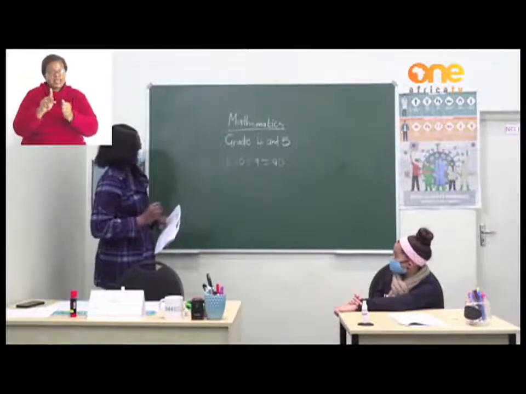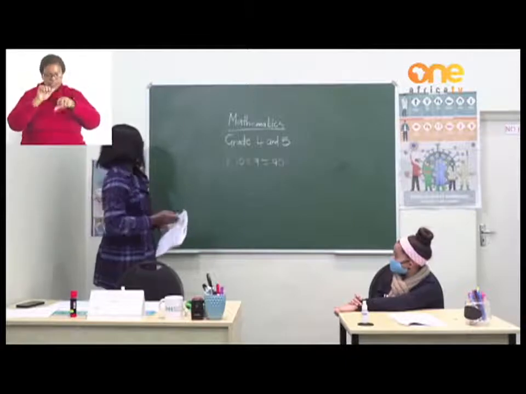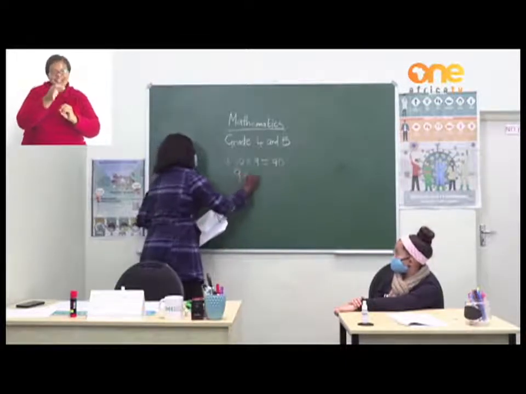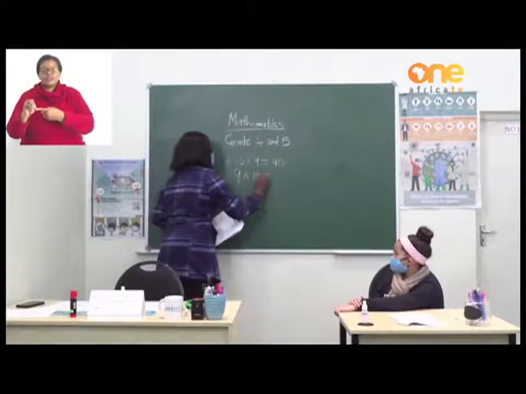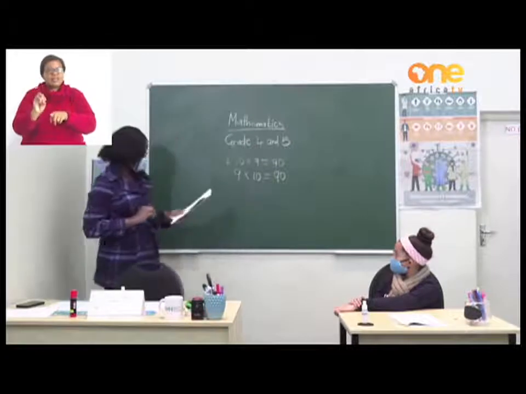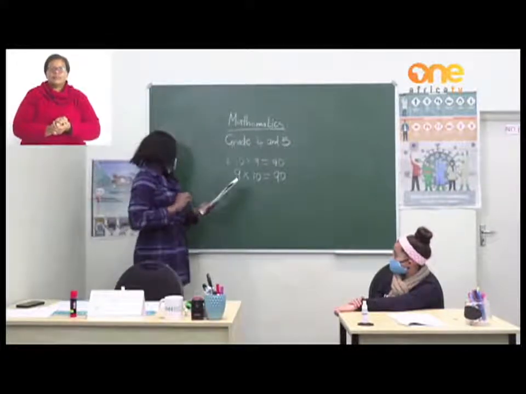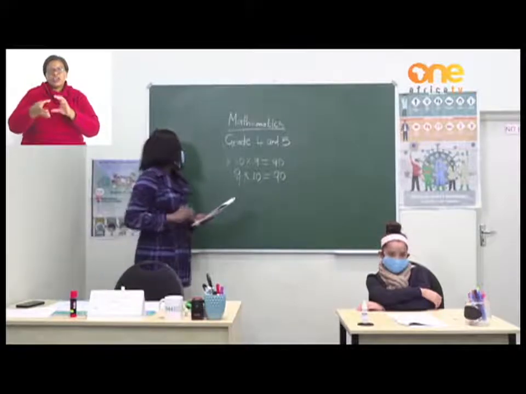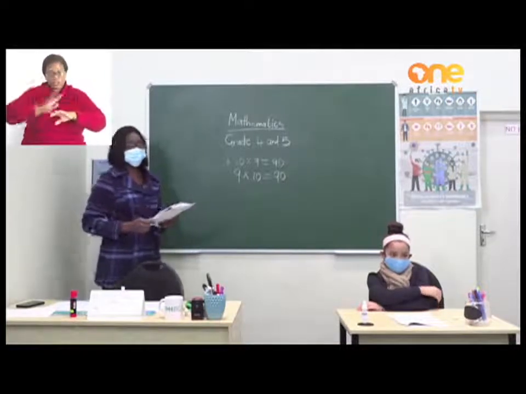But the product should stay the same. So when we are switching the numbers, we start with 9 times 10, and our product will stay the same. Boys and girls, we are done to apply commutative property of multiplication. Thank you. Stay tuned.